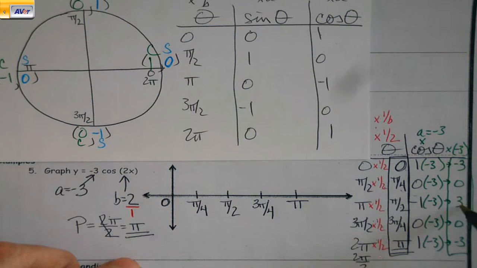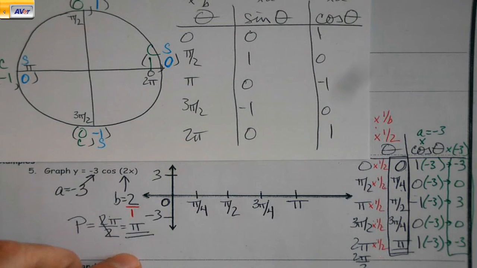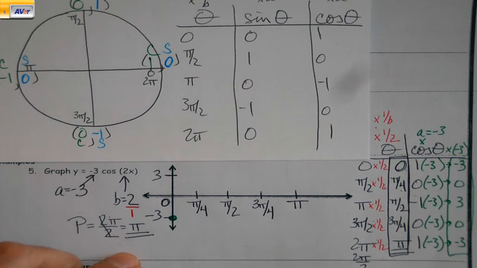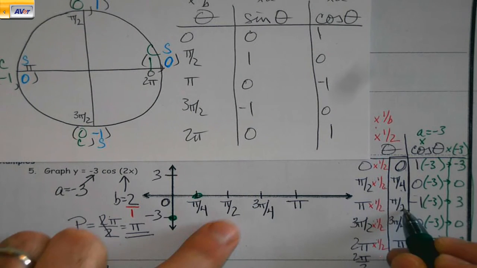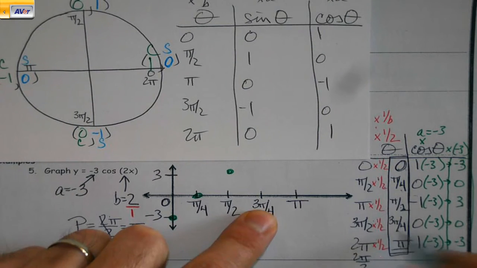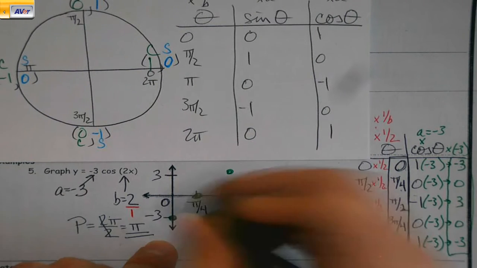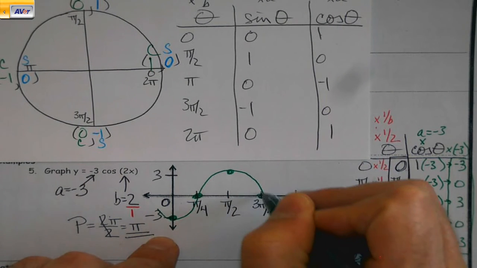And then -3 and +3 are going to be my maximum and my minimum values. So at that point now, I'm just going to use the chart and plot my points. 0, -3. Pi over 4 is 0. Pi over 2, 3. 3 pi over 4 is 0. And pi, negative 3. And this actually is a flipped over cosine graph.